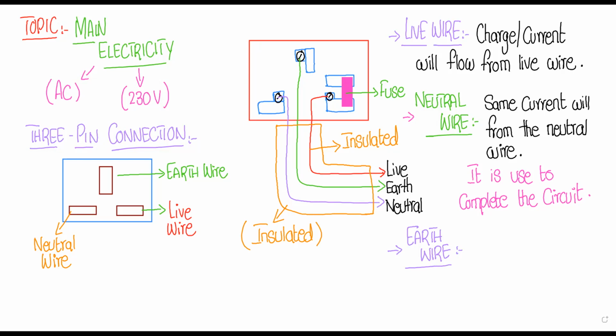And the purpose of the earth wire, because live and neutral both complete the circuit. So what is the purpose of the earth wire there, right? You may have experienced in your life, if you use a 3-pin plug charger, right? Let's suppose in the room or in the building where we are going to connect that 3-pin plug charger of a laptop or anything, there is no 3-pin socket.